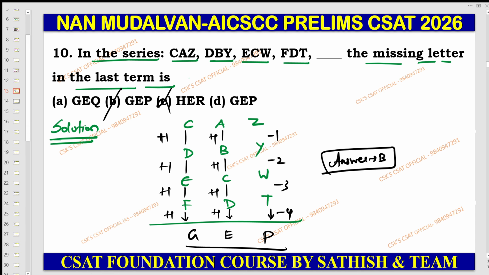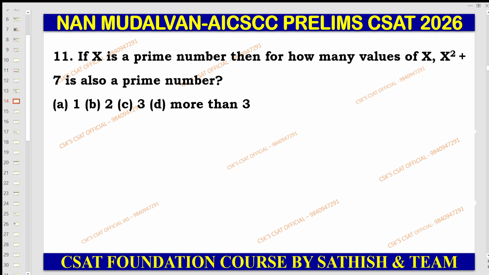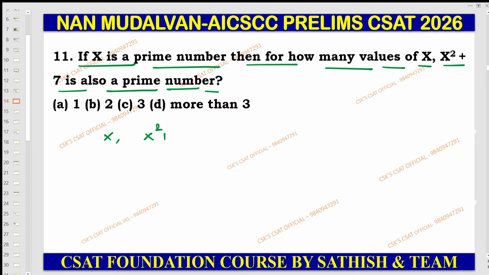If x is a prime number, then for how many values of x is x square plus 7 also a prime number? Simple question, yet you have to understand the logic. This is x square plus 7, is also a prime number.